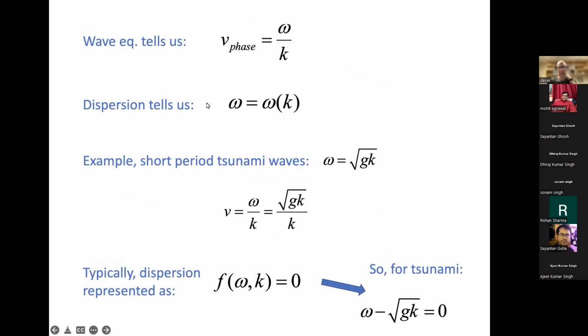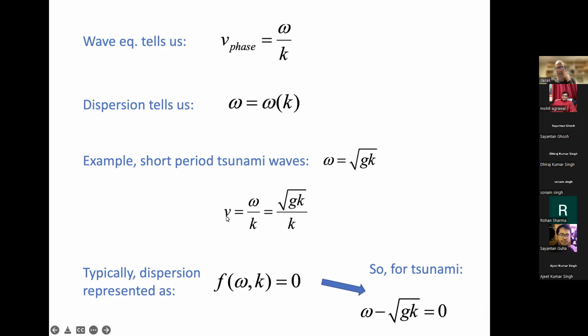So the wave equation tells us that the velocity of a phase is equal to omega over k. Dispersion tells us that omega is going to be a function of k. So for instance, with short period tsunami waves, omega equals the square root of g, which is gravitational acceleration, times k.